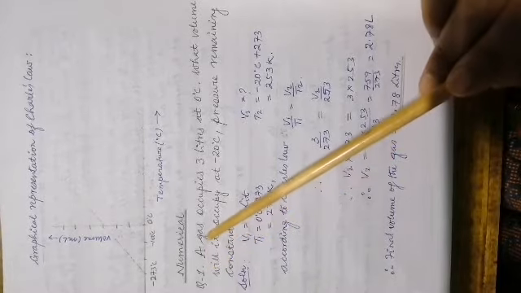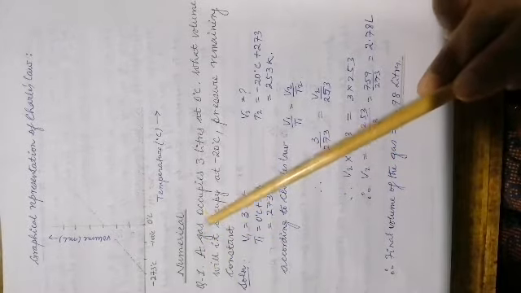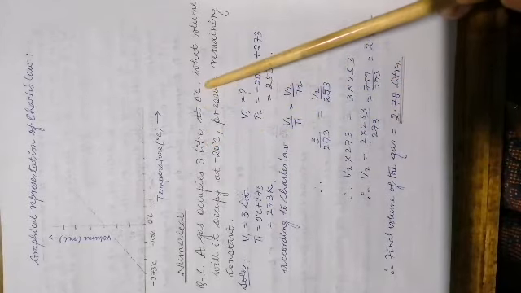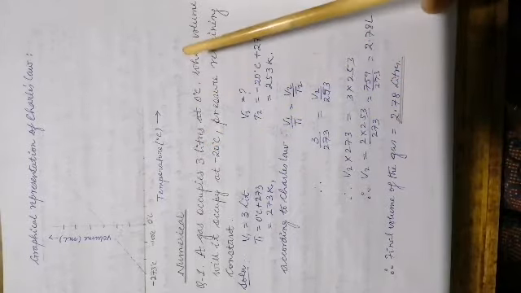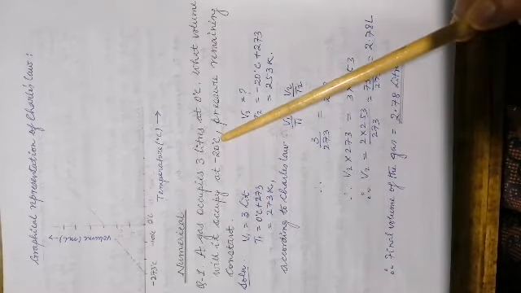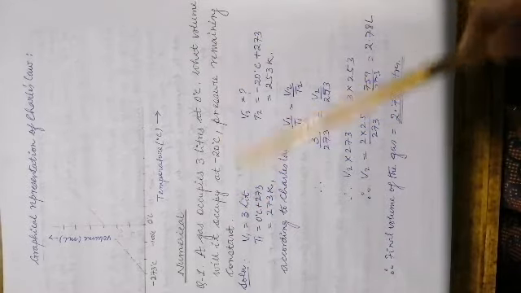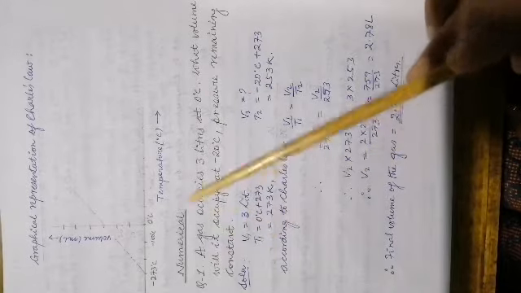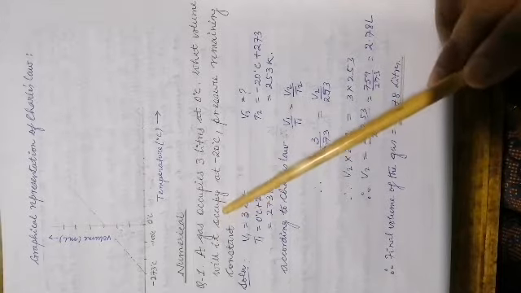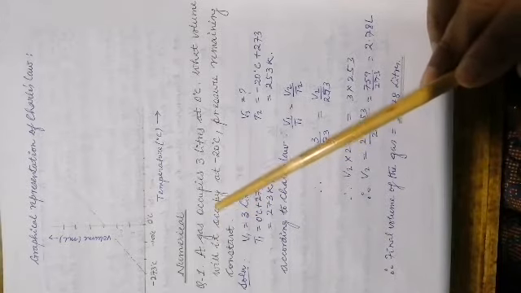A gas occupies 3 liters at 0 degrees Celsius. What volume will it occupy at minus 20 degrees Celsius, pressure remaining constant? Read the question twice, thrice to get a clear picture as to how to solve it.